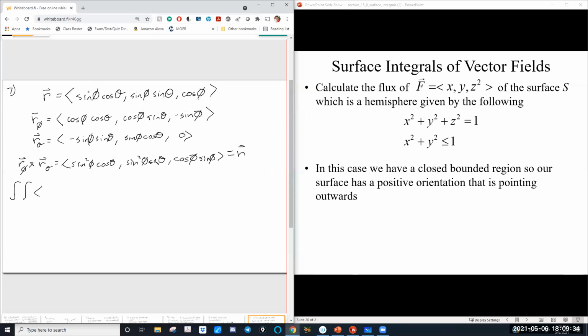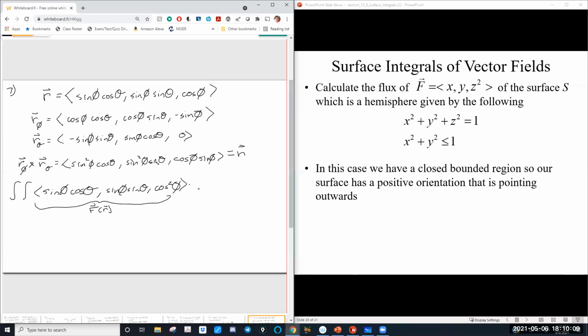So it's pretty much this vector, except the cosine of phi will be squared. But don't forget that part, that you have to transform your vector field to be in terms of your parametrization. And then we'll end up with a cosine squared phi. So that part there is our vector field in terms of our position vector or our parametrization.